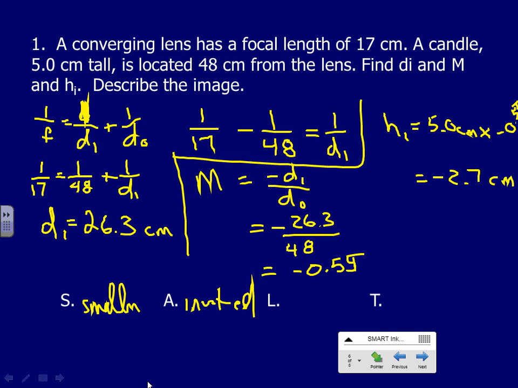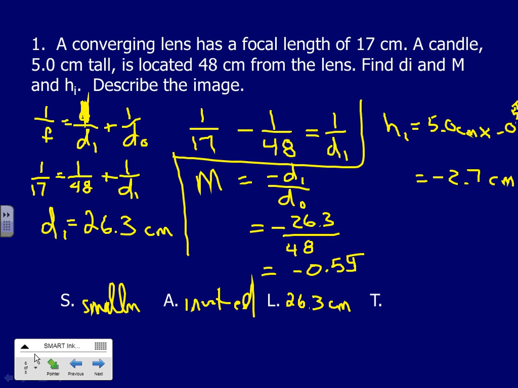Where is this image located? 26.3 centimeters from the lens. Do we need to say on the opposite side of the object? Not really. I guess if we had a virtual image, we would want to specify that it's on the same side as the object. So I'll just go with from lens. I have no problem with that.